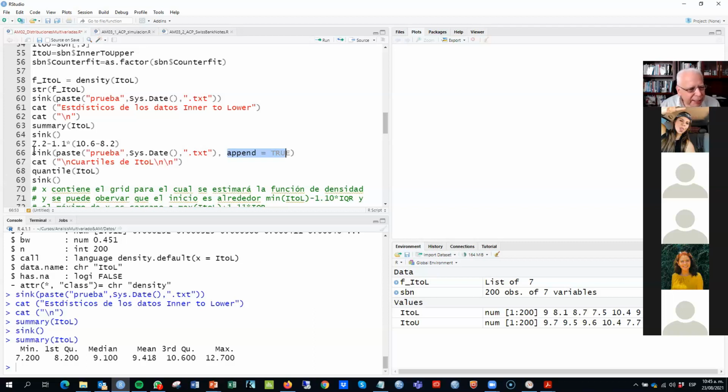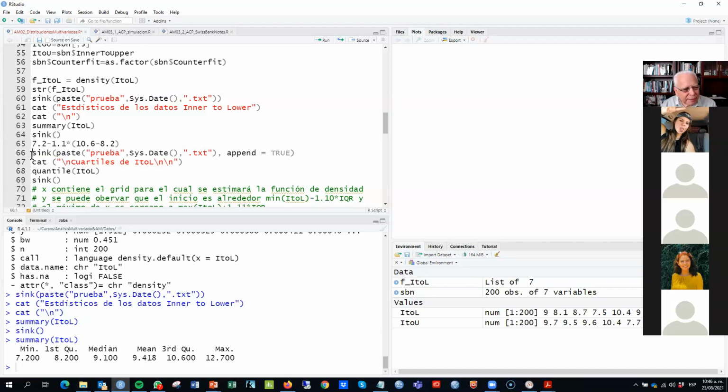So I'm going to say sink, paste, prueba, the same file, Sys.Date, and append equals TRUE, and it will add this. I add a new line, I break a line here, and then I say a title, quartiles of inner to lower, and I print the quantiles.